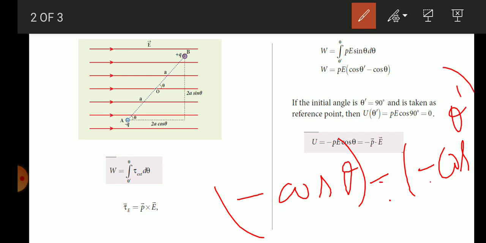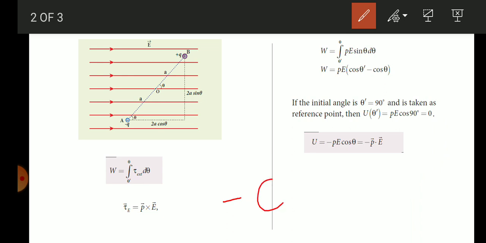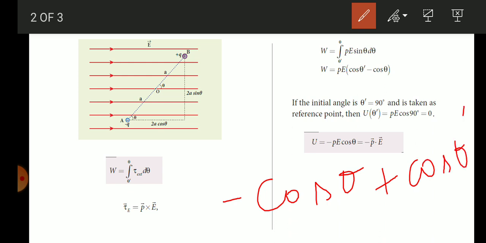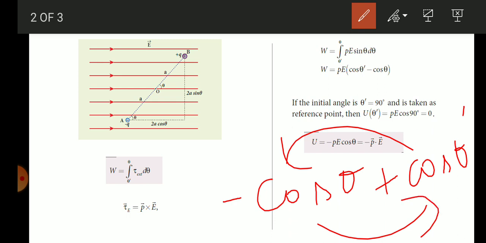Then minus into minus will become plus, so you will get minus cos theta plus cos theta prime. This can be interchanged, that is cos theta prime minus cos theta. That is what they wrote here. So that is the integration of sin theta d theta.